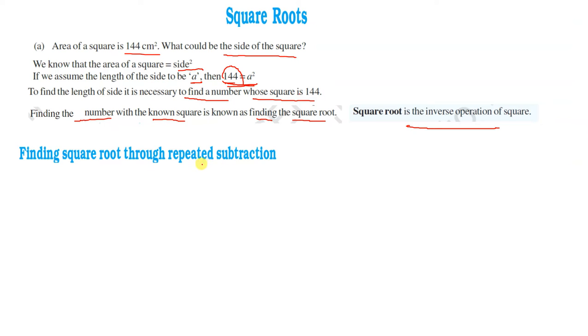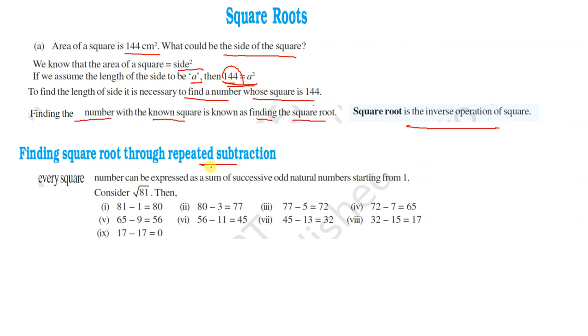When we studied the properties of square numbers, we studied one property that the sum of the first n odd numbers is equal to n square. So we can use this concept to find the square root.